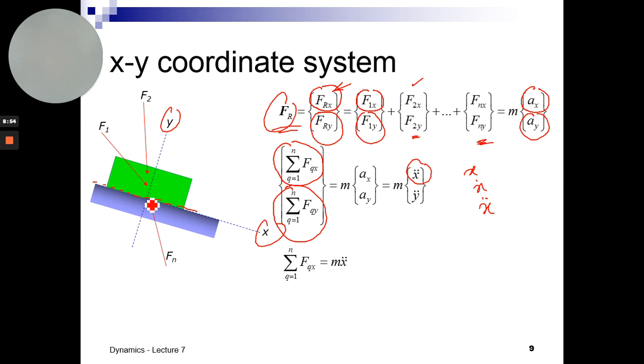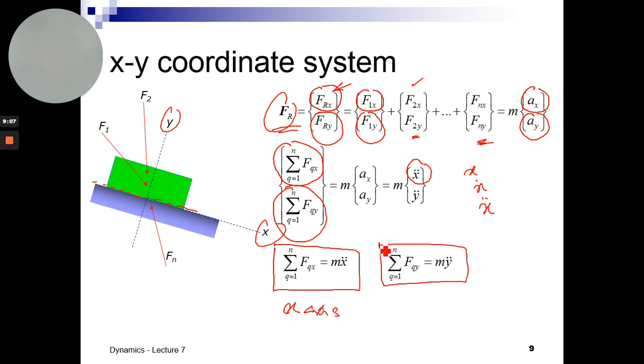So this is the equation only for the X axis, and this is the equation for the Y axis. The sum of external forces acting on the Y axis is equal to the mass of the block times the acceleration acting on the Y axis. So that is the explanation.